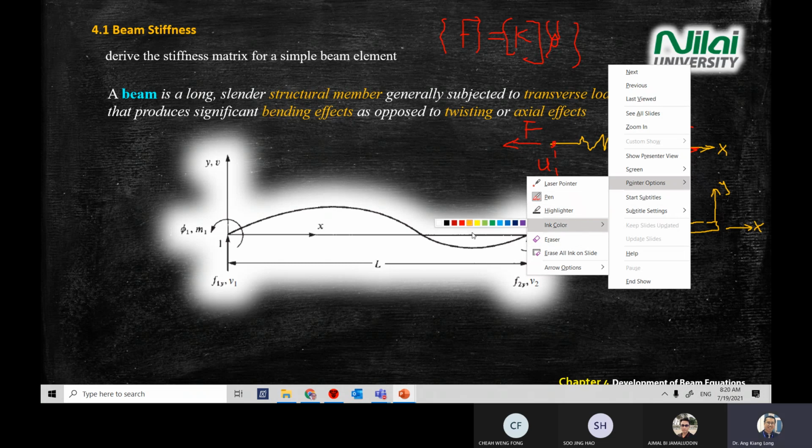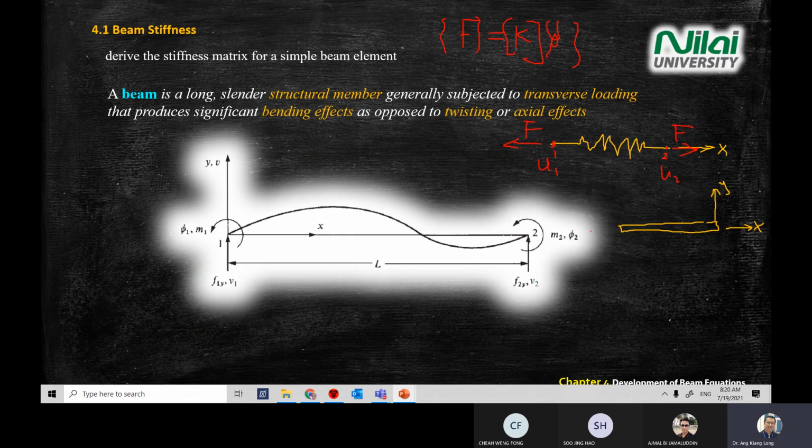You are acting a force at both ends also. So we assume that this structure is having a tensile loading. Point 1, point 2, force at point 1, force at point 2.